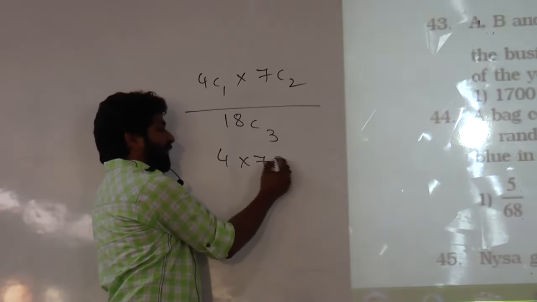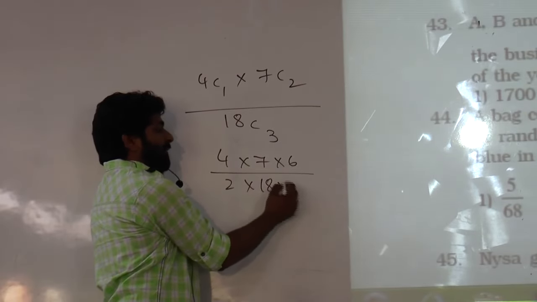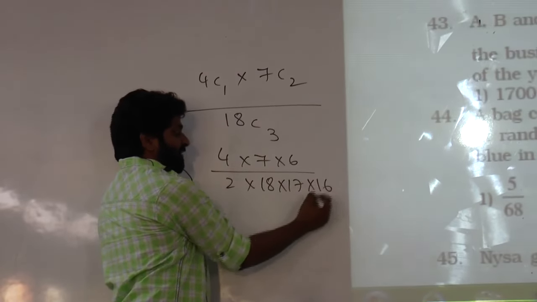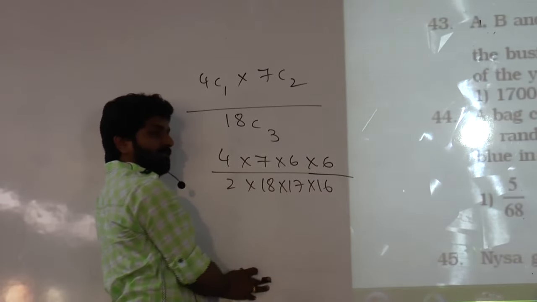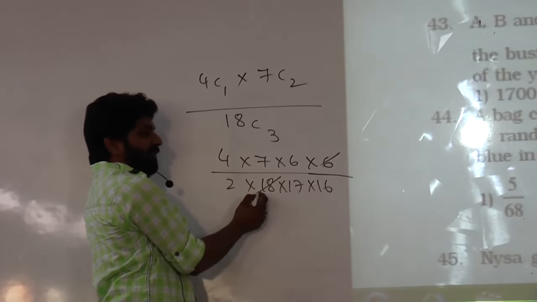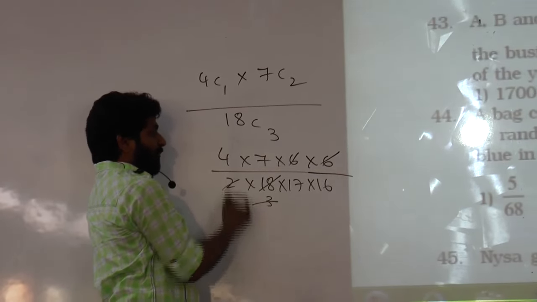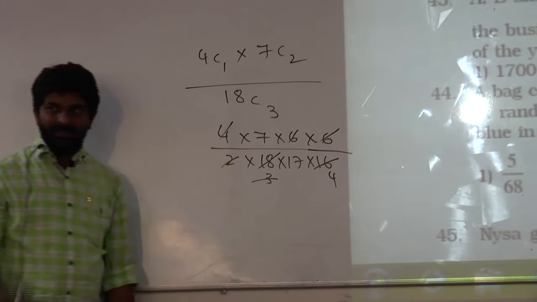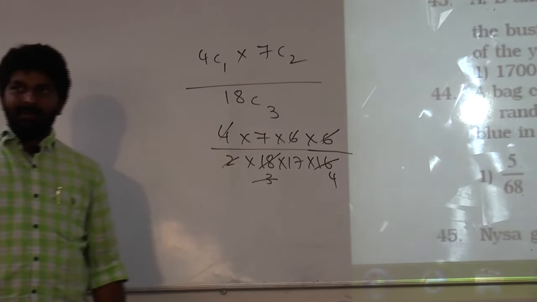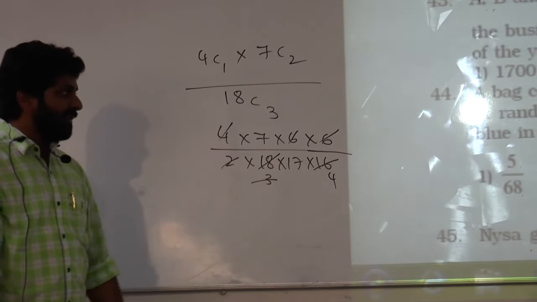4 into 7 into 6 by 2 into 18, 17, 16 by 3 into 2 into 1. That is again 6. 6, how many times? 3 times. 3 2's 6, cancel. Yes or no? 4, how many times? 4 times. 7 by 17, 4 times 17 double 17, double 34, double 68. 7 by 68.